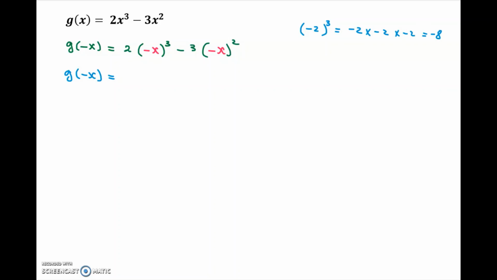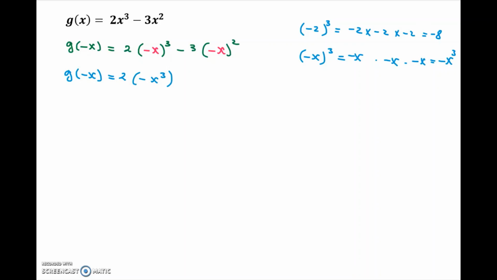Same with x. Negative x cubed is going to be negative outside. So it will be negative x cubed. So it's negative x times negative x times negative x. And that's basically negative x cubed without the bracket. So I can say 2 and then negative x cubed.